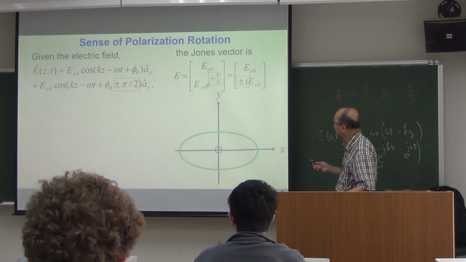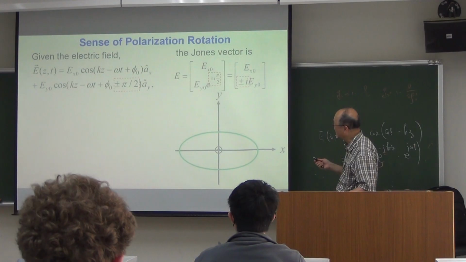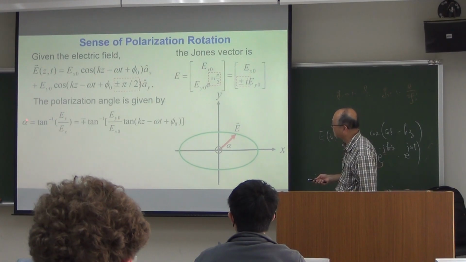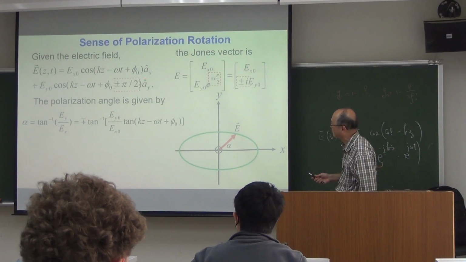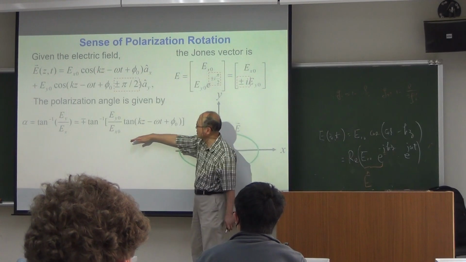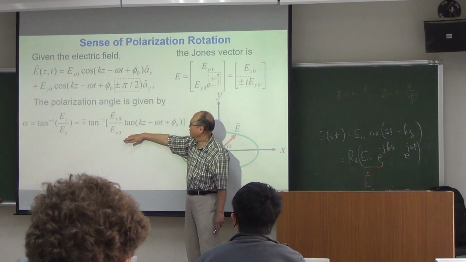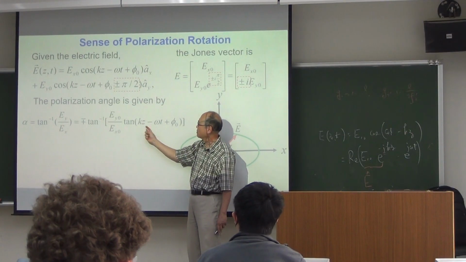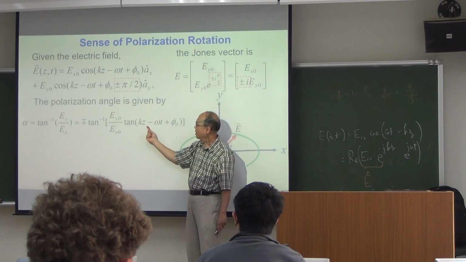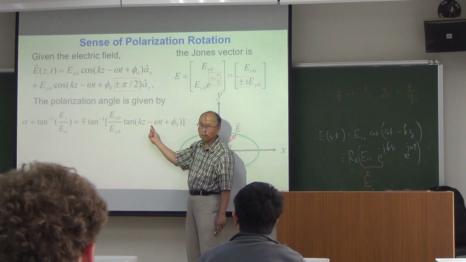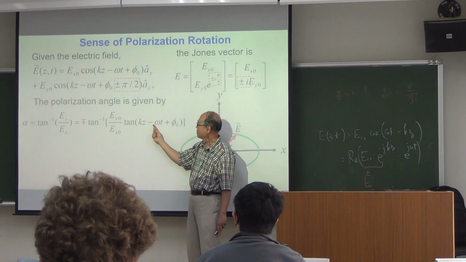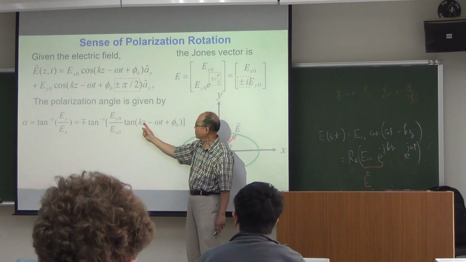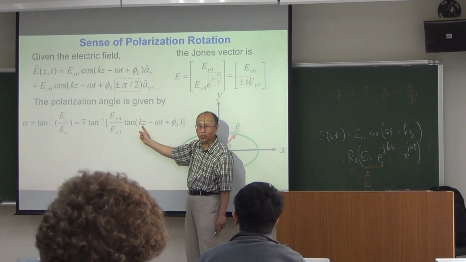So when you try to write this angle by taking a tangent of these two components, you end up having this expression. But these two terms flip, and you are adding a minus sign to the time. So when you see somewhere, set this z equal to a constant value.